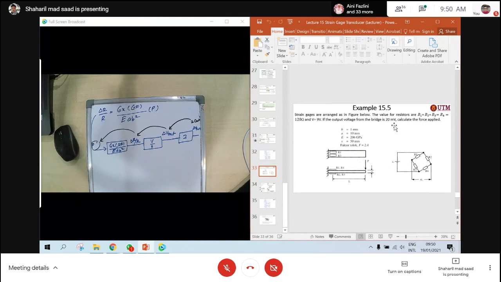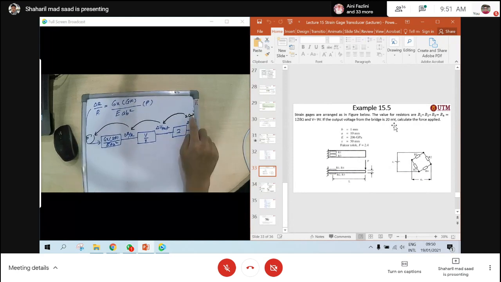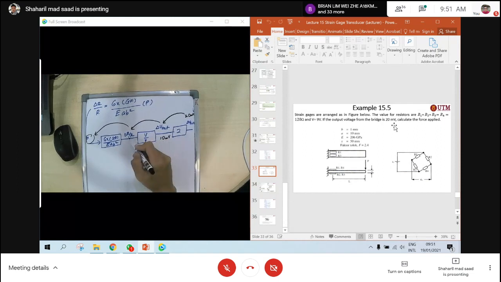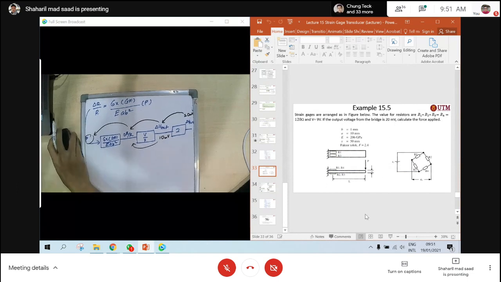Okay, all right. So 20 millivolt, in this case you get 10 millivolt. Done. And then this one you can get delta R over R here. V is given to you as 9 volt. Yeah, you can get it. Alright, so delta R you can get here, delta R over R.